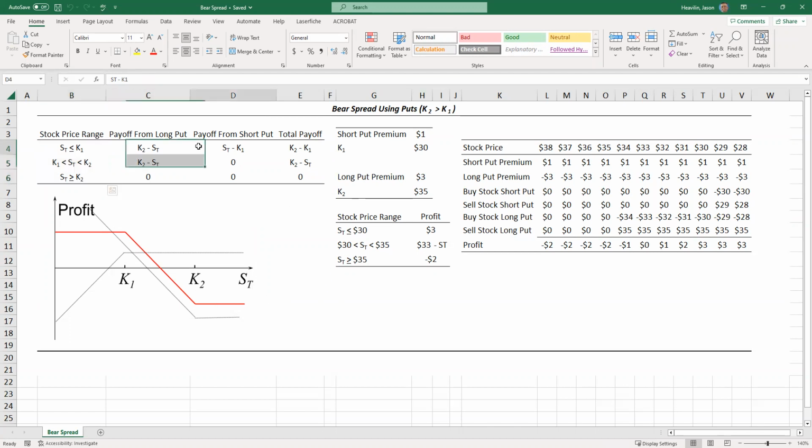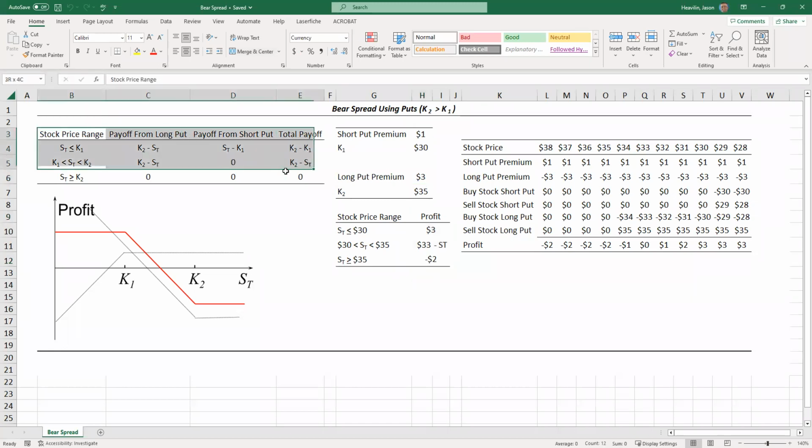Now, I want to make a note that total payoff is the ultimate point that we're trying to get to. Let's not confuse total payoff with profit. This table only calculates the payoff between the puts, but it does not account for the premiums. When we do profit, then we will be accounting for these premiums. They're two separate things. That's why we have total payoff in a formula here, and then the profit part with different numbers that come in, because there we take the premiums into consideration.